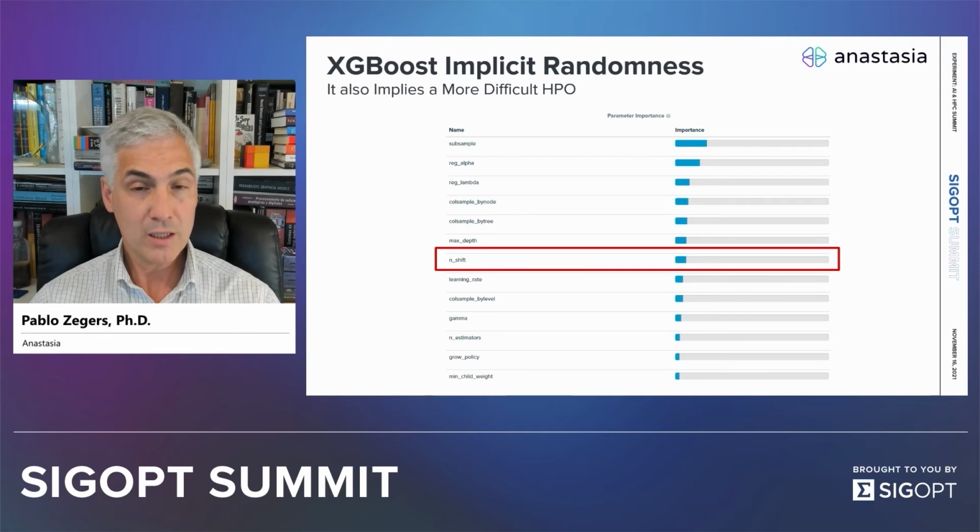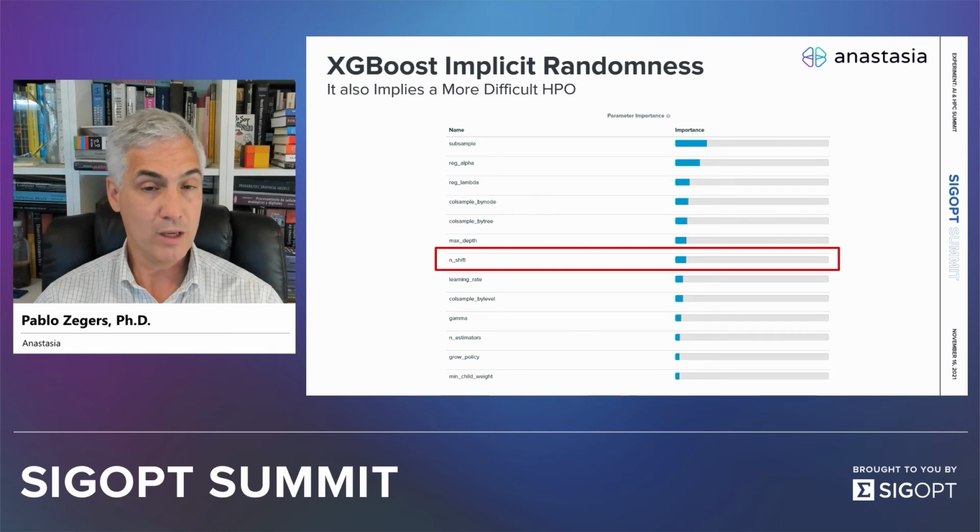What you're seeing in the case of XGBoost, all the parameters there, save for the one enclosed by the red box, are internal to the XGBoost model. N shift is the one that in this case is saying how much past data has to be watched in order to produce an accurate forecast.